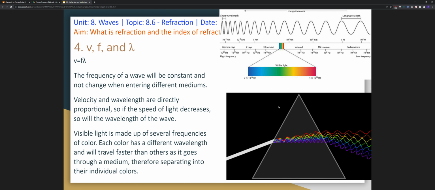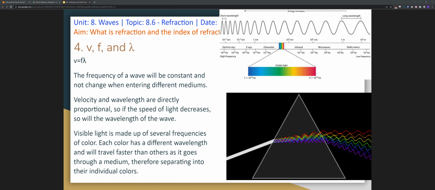Let's take a look at this. The frequency of a wave will be constant. Let's talk about the formula, the frequency of waves.